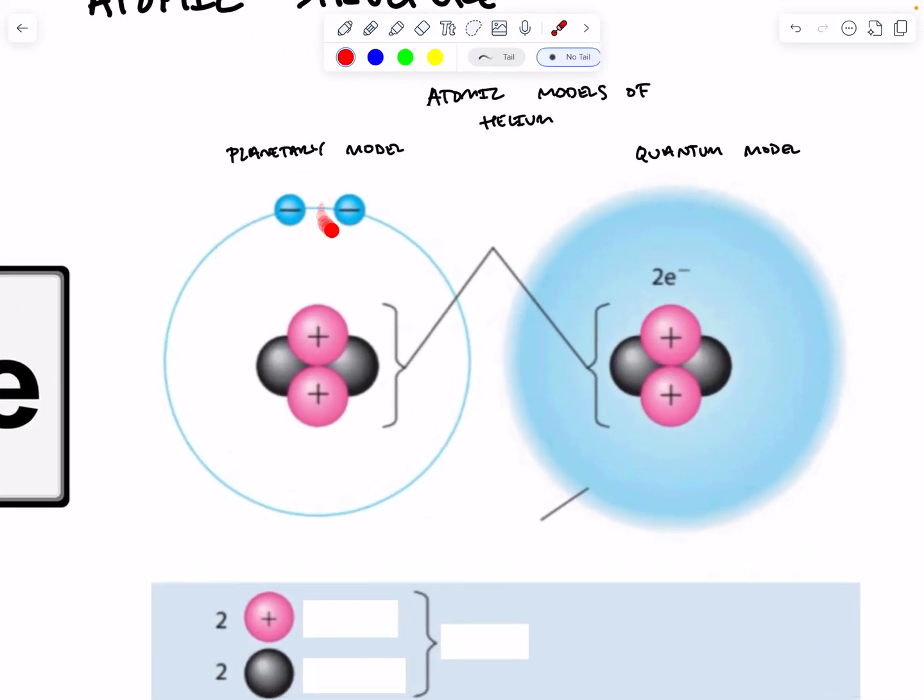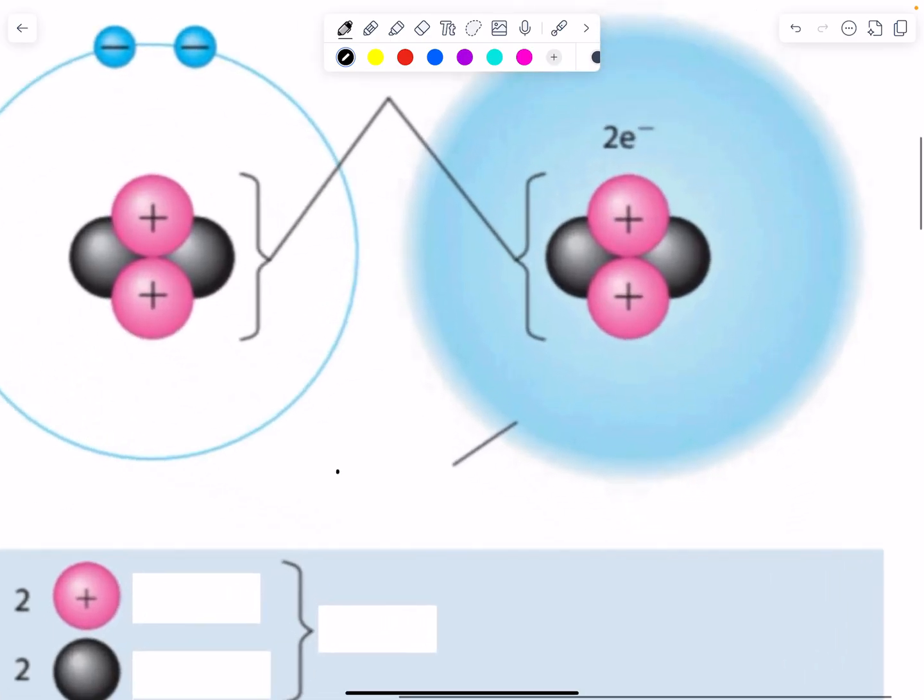The planetary model is showing us electrons that are orbiting in kind of a specific orbital, a specific region, whereas the quantum model is saying that these two electrons are in a cloud of probability. This is an electron cloud.